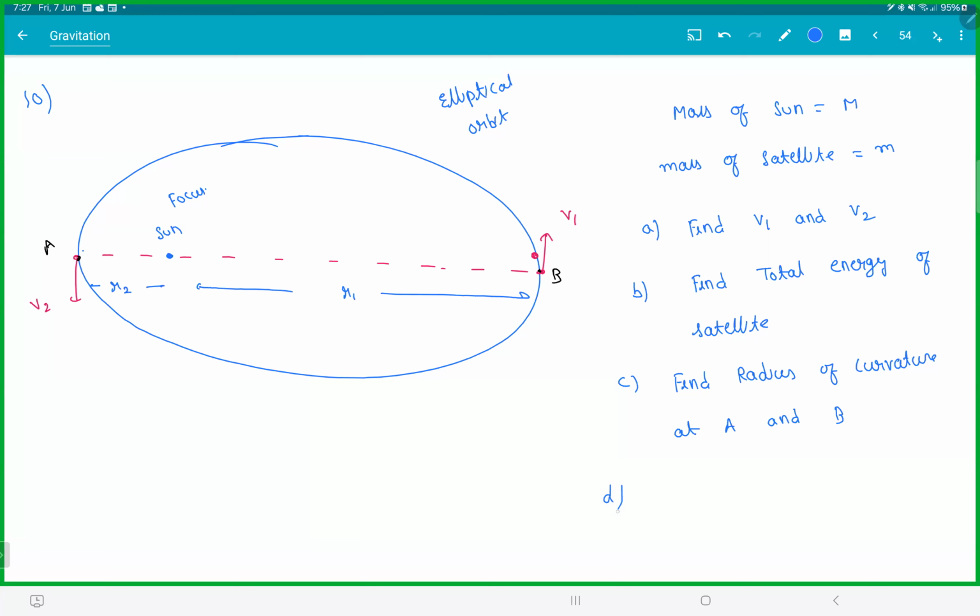Let me add you one more. If the minor axis is B, find the time period of one revolution.